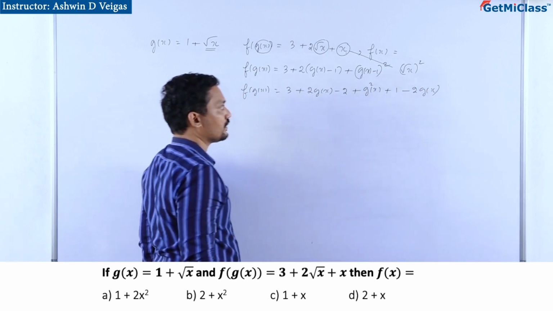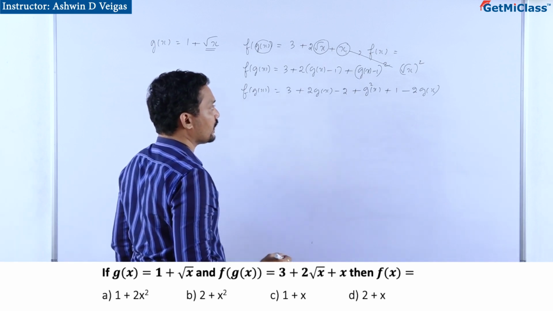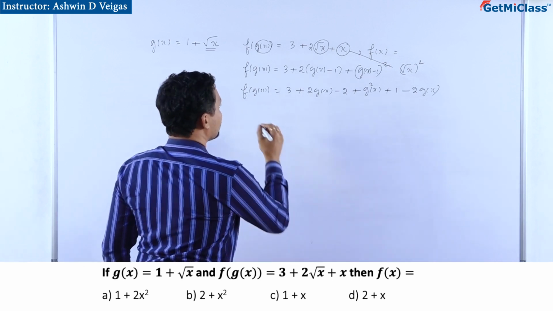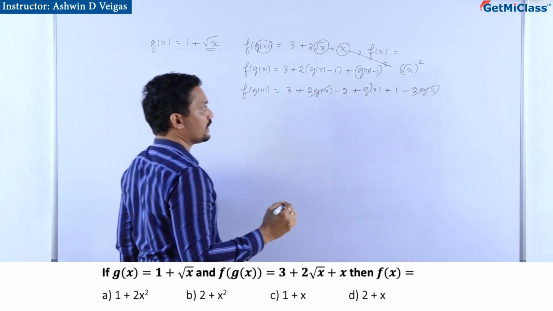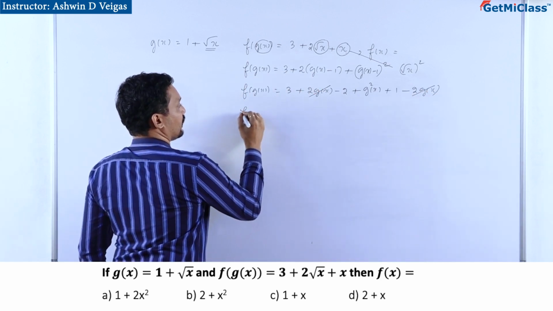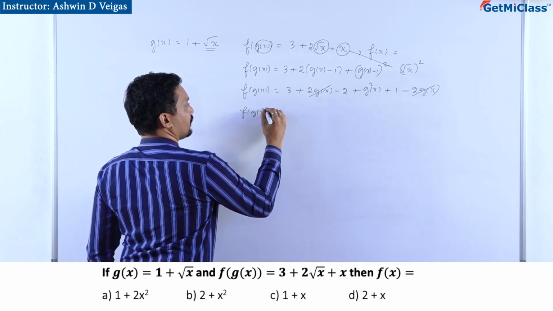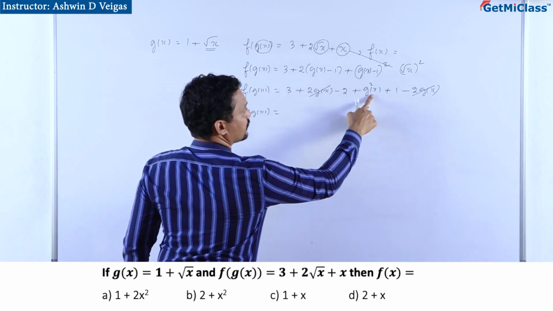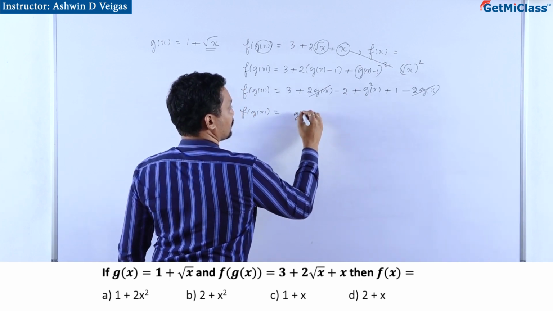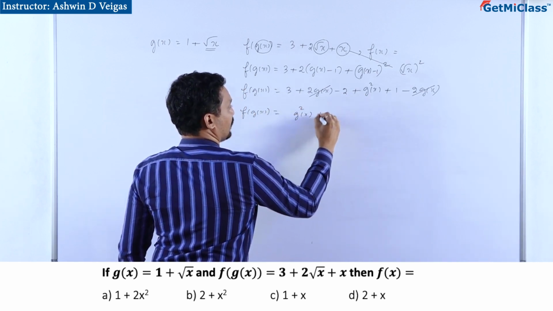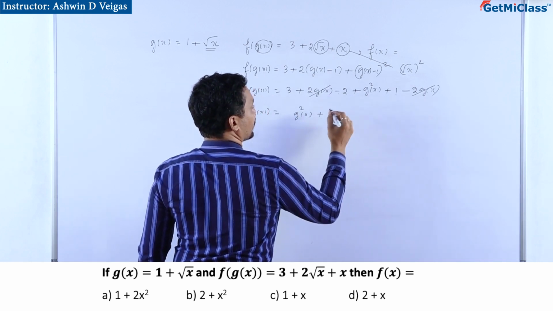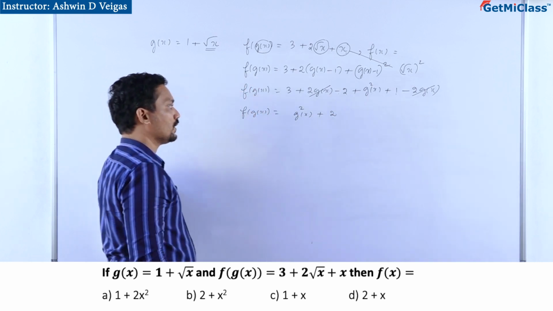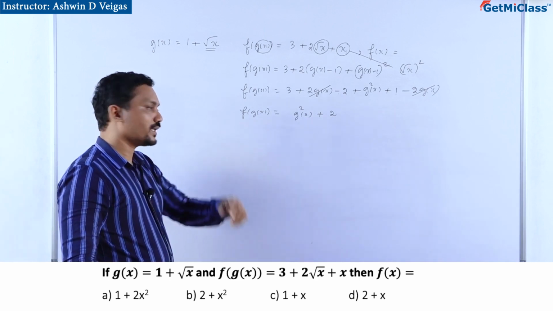So, you get it like this, and if you try to simplify this, plus 2 g of x and minus 2 g of x will get cancelled. So, you will get f of g of x equal to g of x square plus, 3 plus 1 is 4, 4 minus 2 is 2. So, we have almost come to the end of the problem.